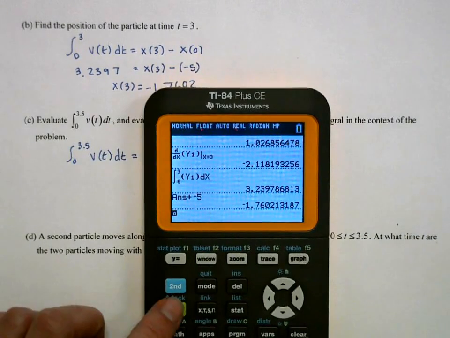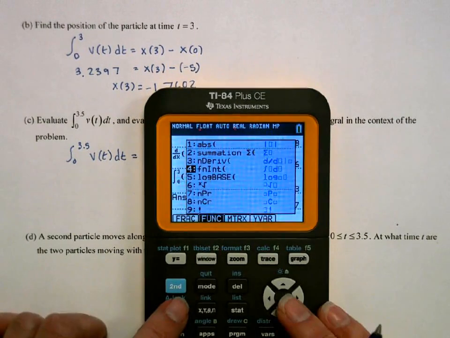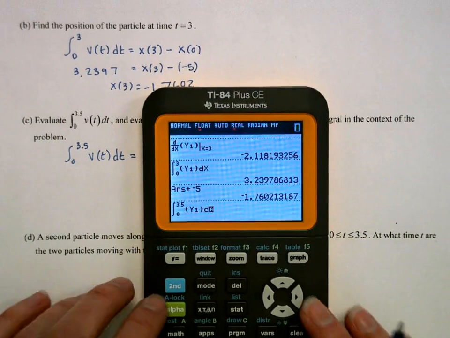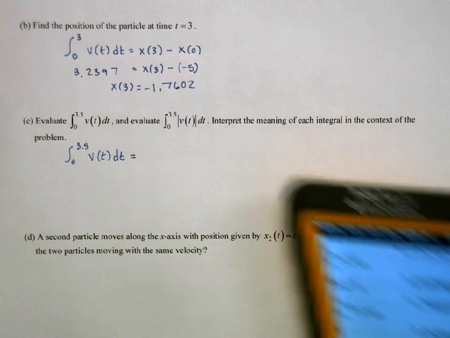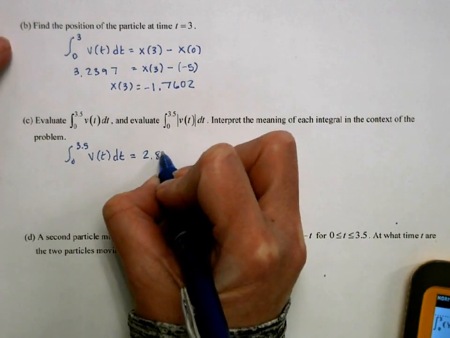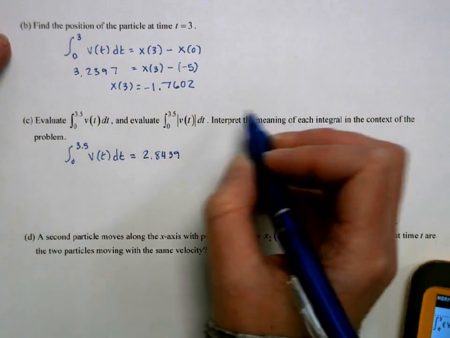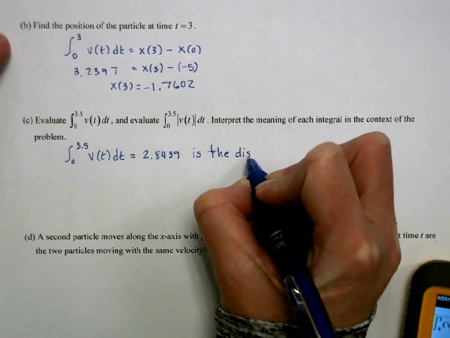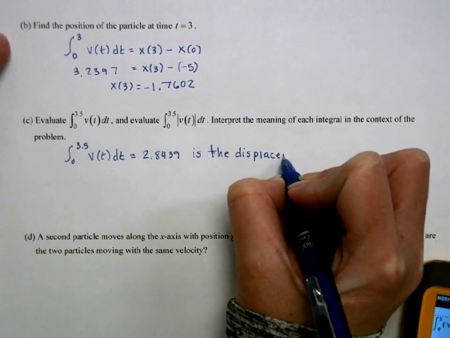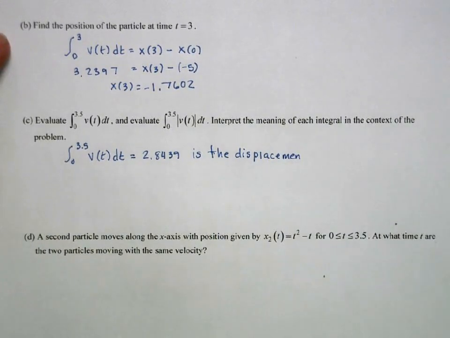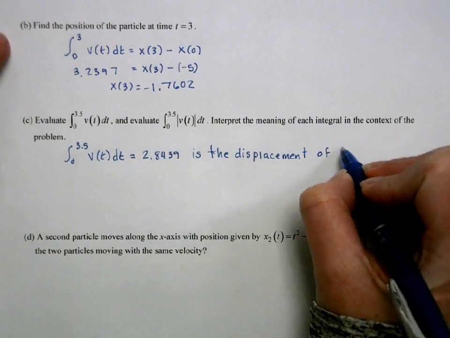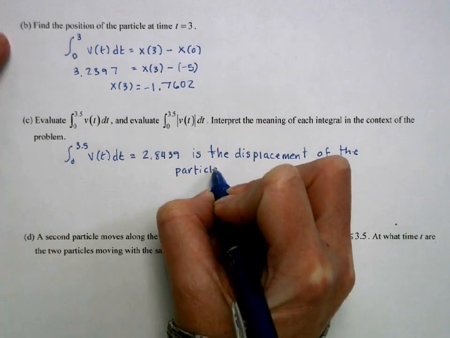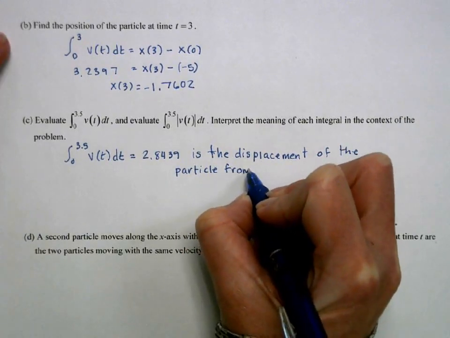So we'll do the integral from 0 to 3.5 of my function, which gets me 2.8439 is the displacement of the particle from t equals 0 to t equals 3.5.